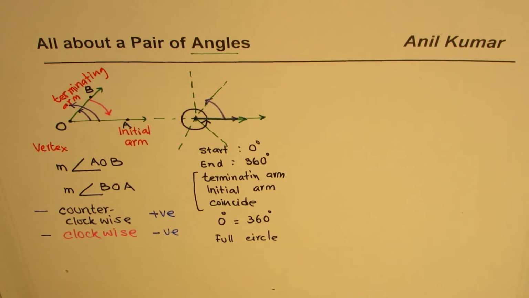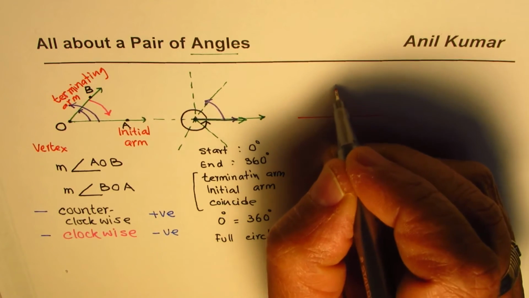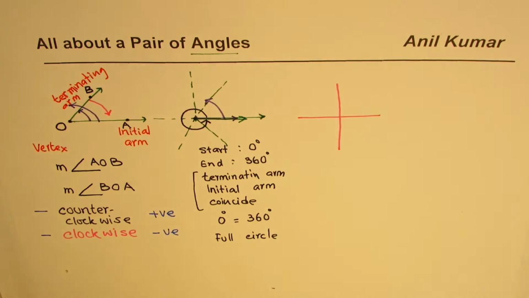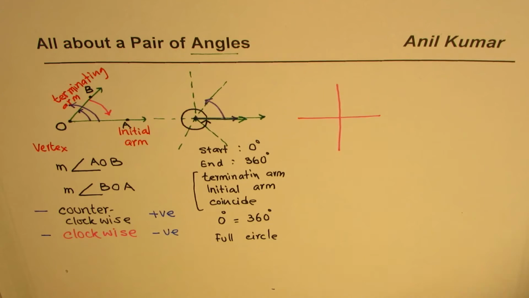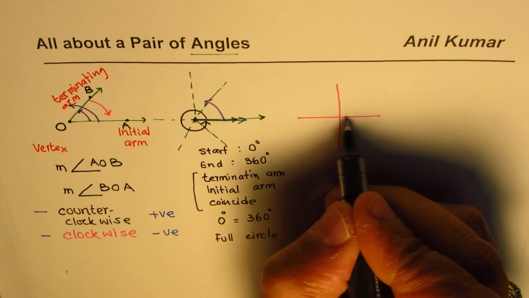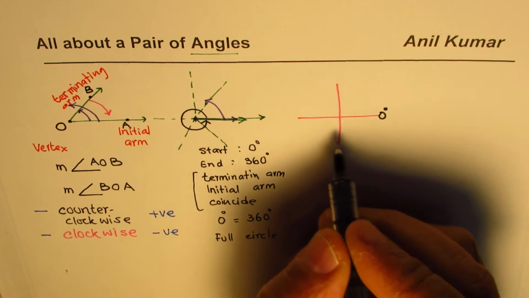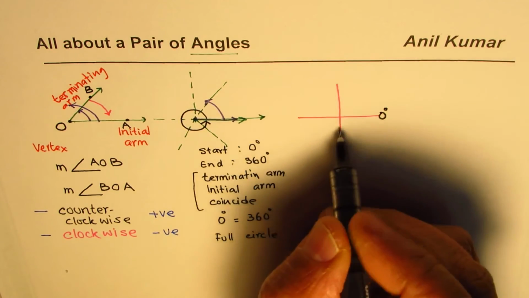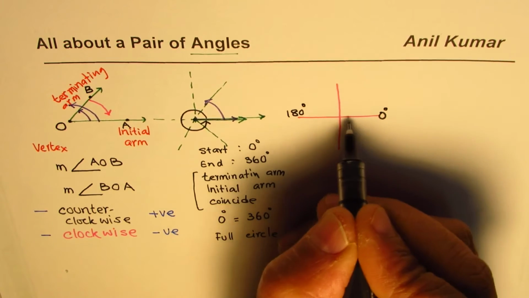Now let's look into a few other important things about the angle. These are some important positions. Now, if I'm saying that it moves from 0 to 360, I can write like this. This position gives me 0 degrees, and this position is half of 360. So I write this as 180 degrees.